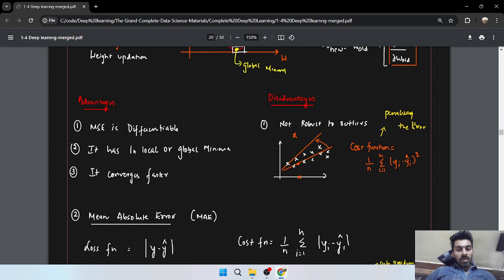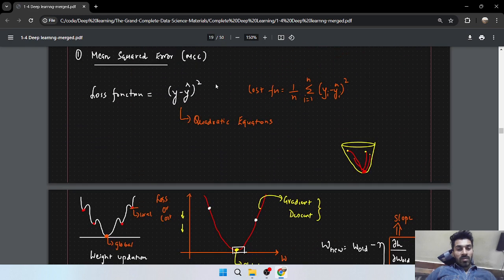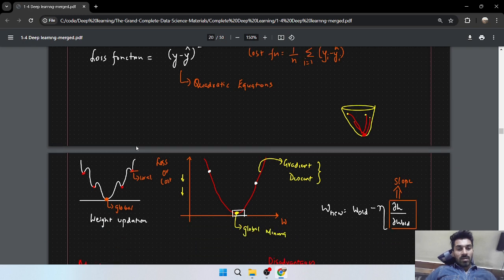Now coming to the advantages and disadvantages of MSE. This is the formula of mean squared error.